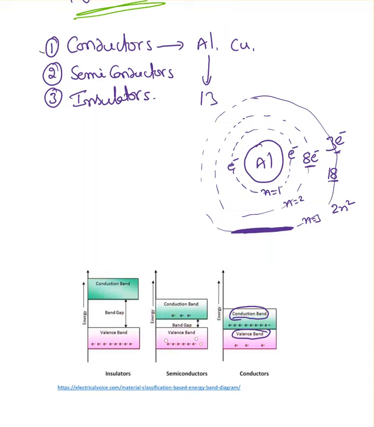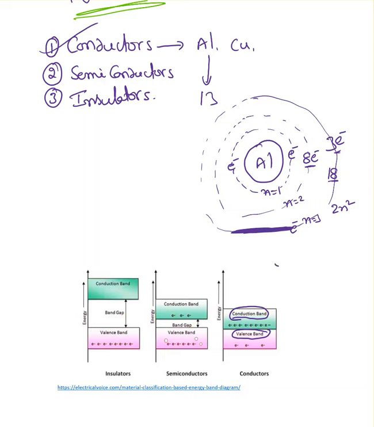In conductors, the conduction band and valency band are together. There is no energy gap. So if an electron is in the outermost orbit in a conductor, it is already in the conduction band and already in the valency band.